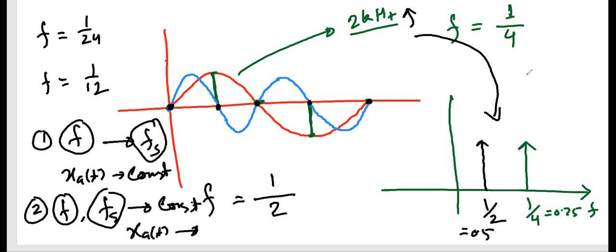So we can conclude that this discrete frequency or relative frequency can be changed by the sampling frequency as well as by changing the analog signal frequency, both. And never try to memorize the things, try to understand them through the graphical representation. That will definitely help you in the long run.